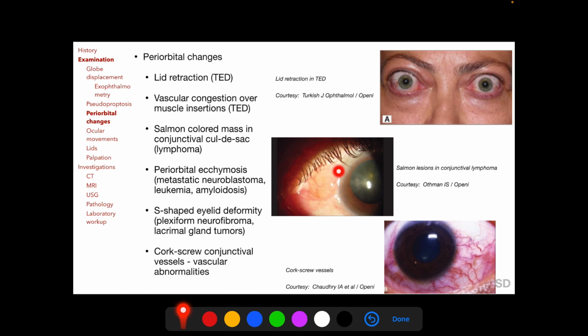Salmon colored masses in conjunctival cul-de-sac, as found in lymphoproliferative disorders. Periorbital ecchymosis, which is found in situations such as metastatic neuroblastoma, leukemia, and amyloidosis. S-shaped eyelid deformity, found in plexiform neurofibroma and lacrimal gland tumors, and corkscrew conjunctival vessels, as shown here in vascular abnormalities such as carotid cavernous fistulas.